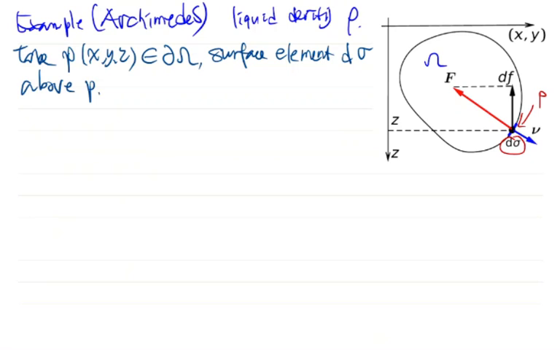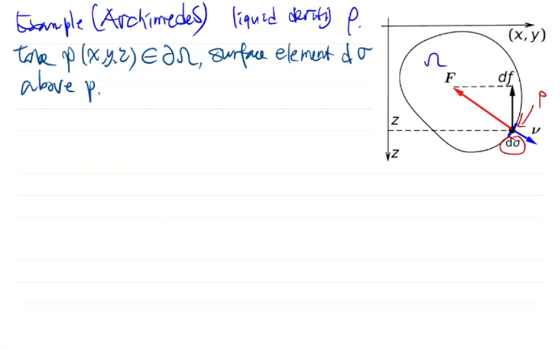In this small piece, because it is very tiny, we can assume that the pressure of the liquid is a constant, and we can use the point P to represent this constant.